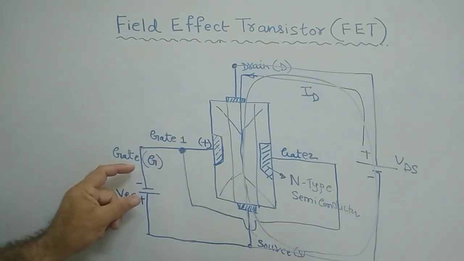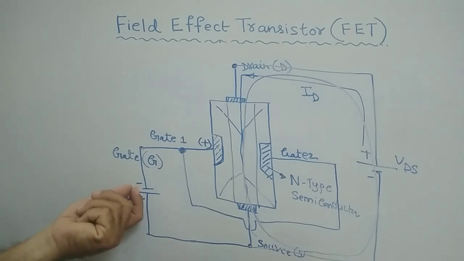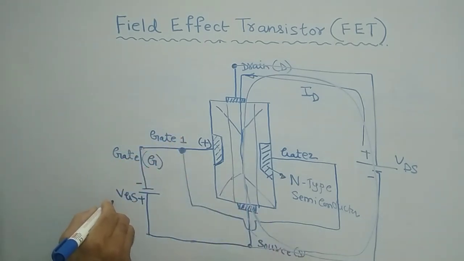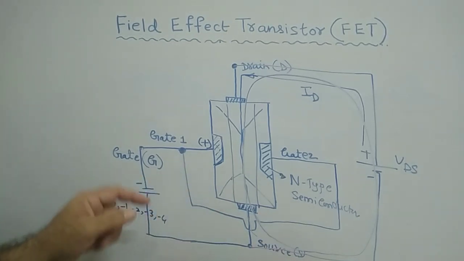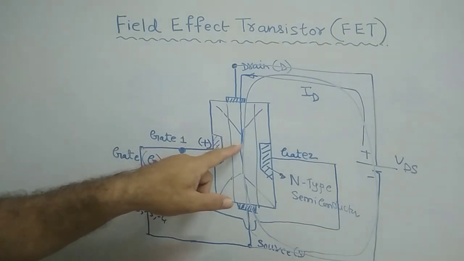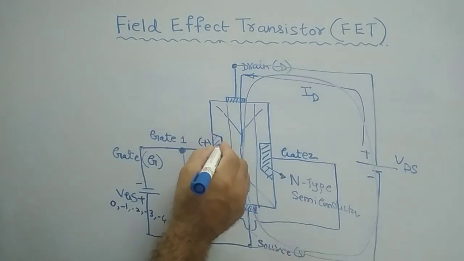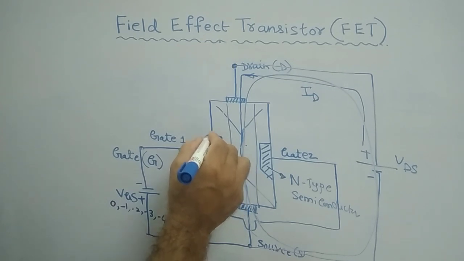So this is the reverse bias voltage. If you increase the reverse bias voltage slowly, from 0, -1, -2, -3, -4 and so on, then, since this is the p-type material doped with n-type, the area between the p-type and n-type material is a junction.